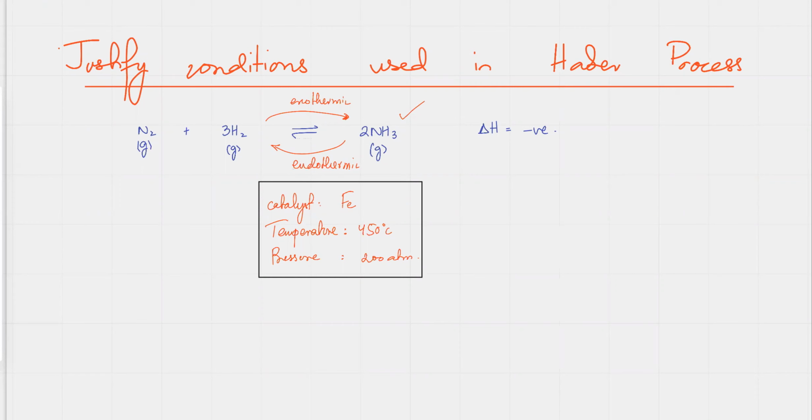Okay, you have to justify the conditions that are used in the Haber process. So one by one, remember it's an equilibrium reaction, so the reason they're looking for justification is related to equilibrium and rate. The first part is, what's wrong with using temperature greater than 450?